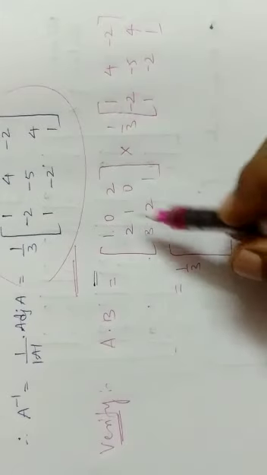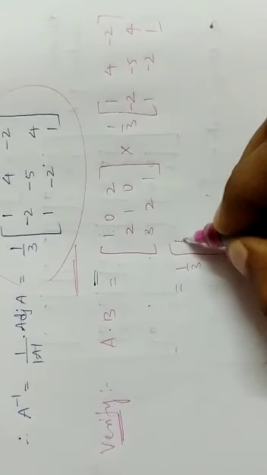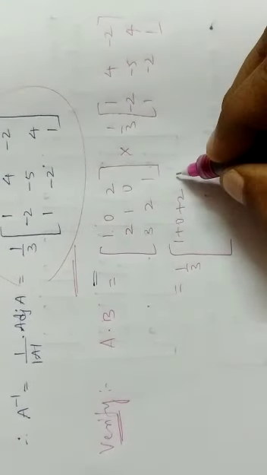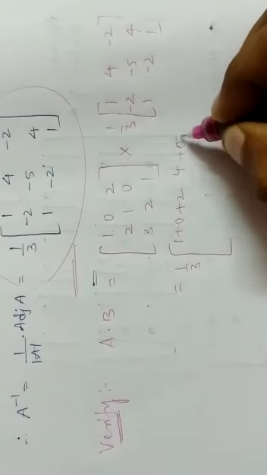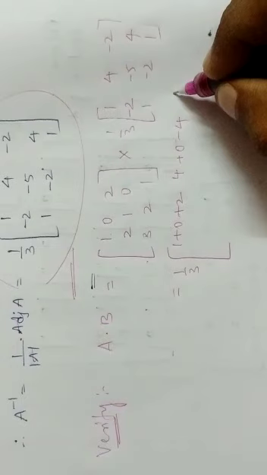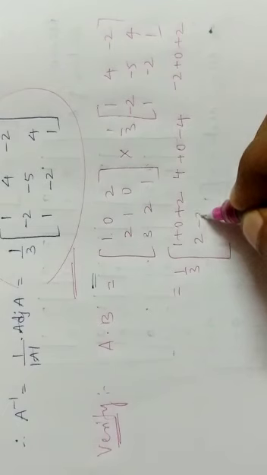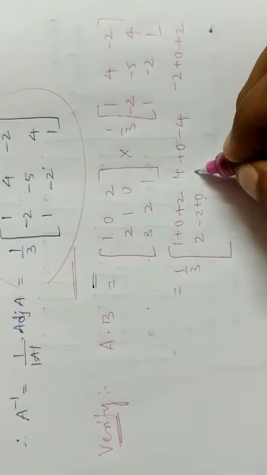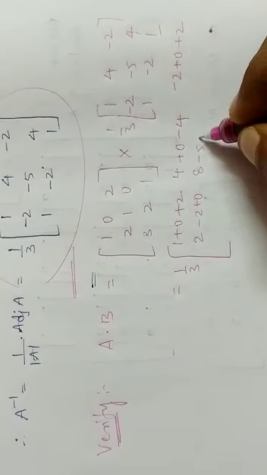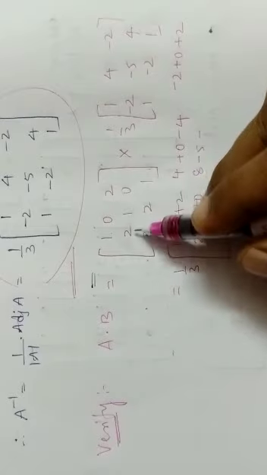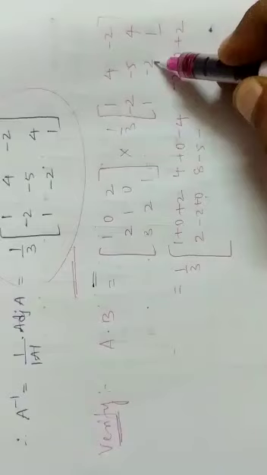Multiply. 1 into 1, 1 plus 0 plus 2. 1 into 4, 4 plus 0 minus 4. Minus 2 plus 0 plus 2. 2 minus 2 plus 0. 8 minus 5, 2 4s are 8, 1 into minus 5. 0 into 2, 0.